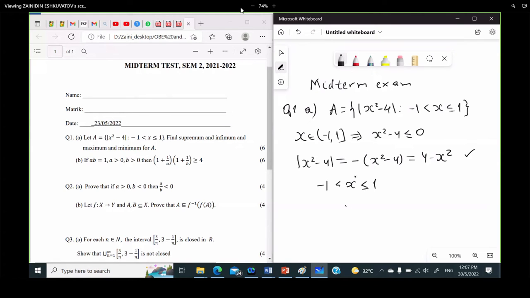What about x squared? X squared is here from 1 and including 0. Okay, it includes 0. So minus x squared is less than 0, greater than or equal -1. So 4 minus x squared is from 3 to 4.